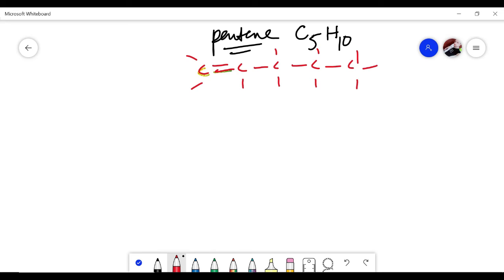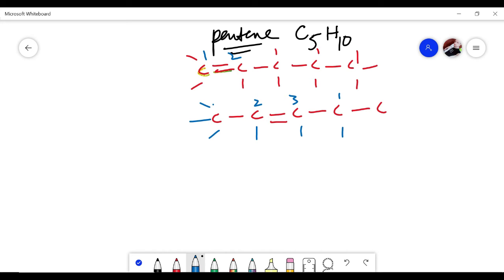These are all hydrogens, the lines which I am showing. Then once again the double bond is shifted. It was between 1 and 2, now it is between 2 and 3. So 2 and 3, and the rest are all hydrogens.